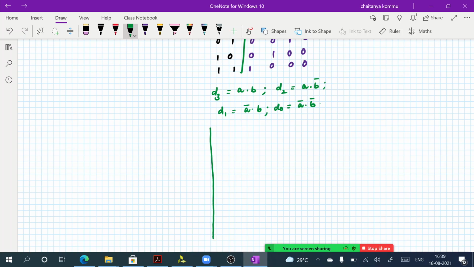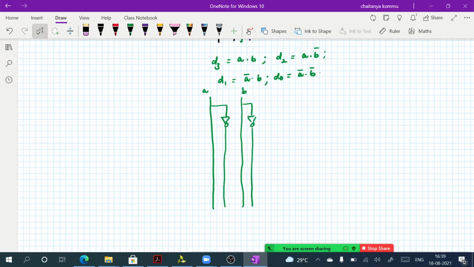For example, A complement is also required, so we have to consider A complement, and also B complement.